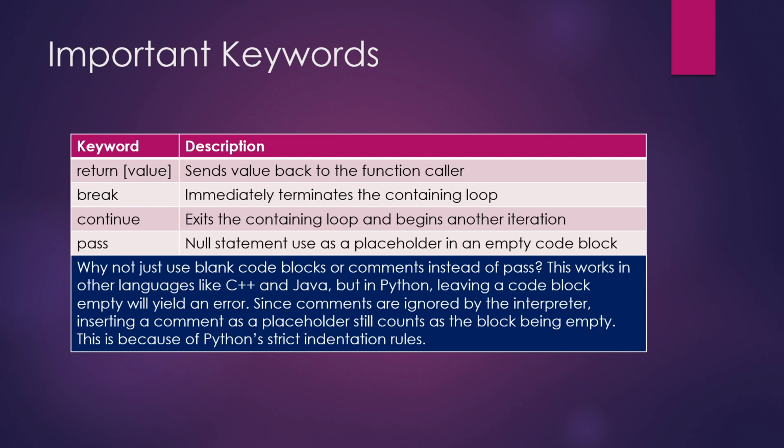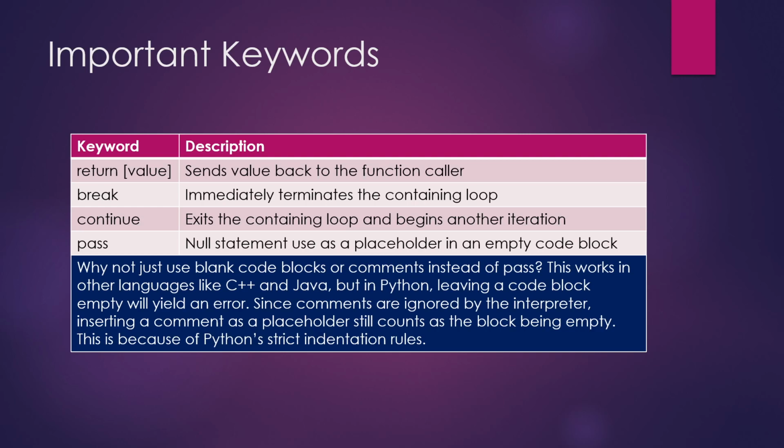We have the continue keyword, which exits the current iteration of the containing loop and begins another iteration. So break and continue, like I said before, are very similar keywords. However, they have one important difference: a break moves on from the loop, a continue restarts the loop.